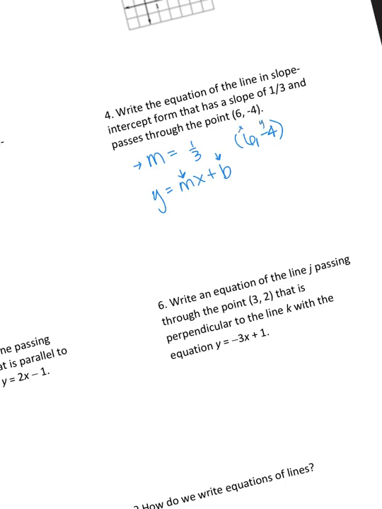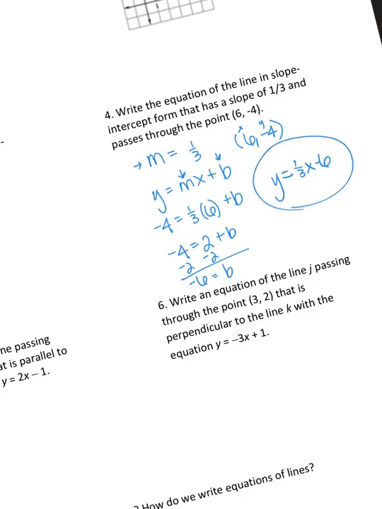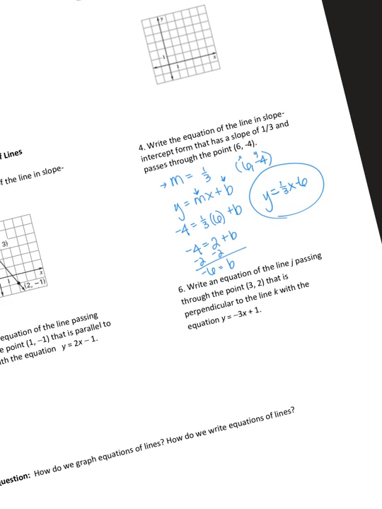So we're going to use m, x, and y to solve for b. So substitute -4 in for y, and that's equal to 1/3 for m times x, which is 6, plus b. And we've got -4 equals 1/3 of 6 is 2, plus b. When we subtract 2 from both sides, we get that b is equal to -6. And we can write our equation as y equals 1/3 x minus 6.